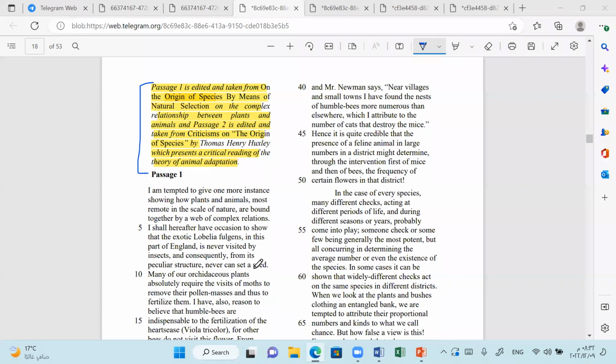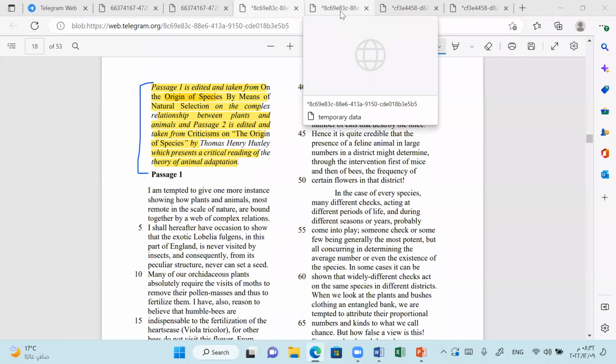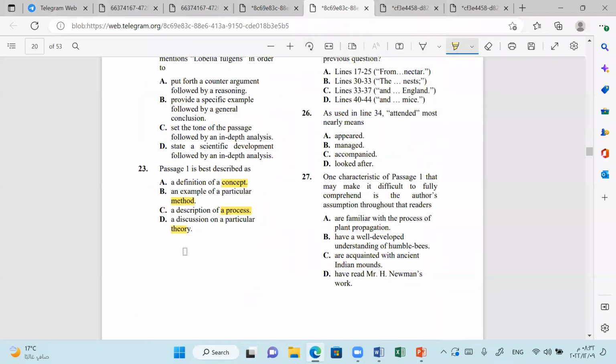Yes, Muhammad. I think it is theory. Yes, that's right. Teacher, but the question is asking you about passage one and the word theory appeared in passage two. Yes, they are related. They are talking about the same topic. The paired passages are talking about the same topic.